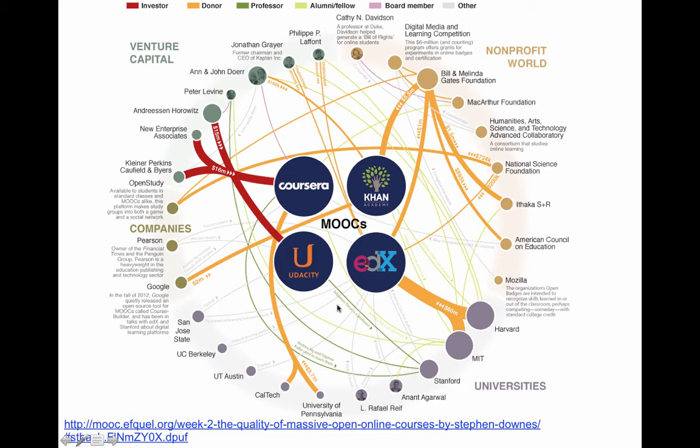So anyway, it shows here the different venture capitalists who are supporting MOOCs, nonprofit organizations. You see Bill and Melinda Gates Foundation here providing support to Khan Academy and edX. So it gives you an idea of the MOOC space.